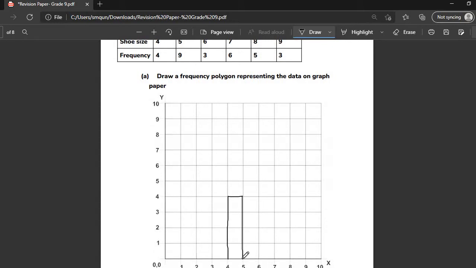So I'm going to go from 5 on the x-axis to 9, which would be here, and I'm just going to draw another rectangle. After we've done that, we're just going to keep doing that until we have done it for all of the rows. So that's going to be 6, 3.